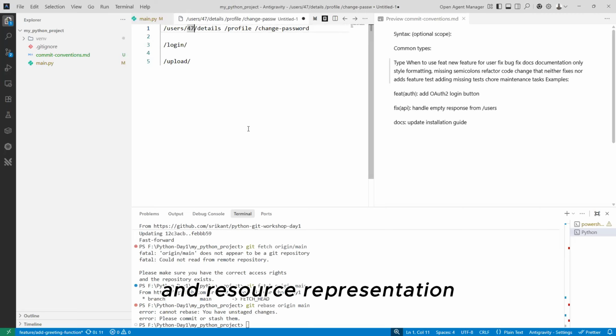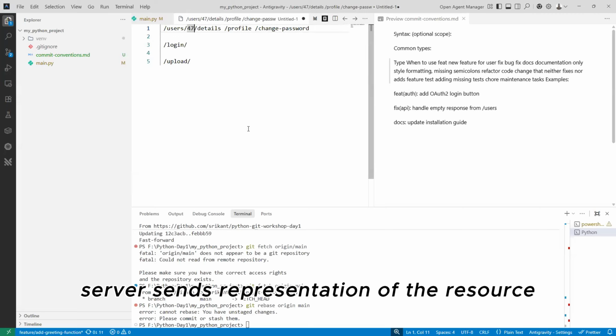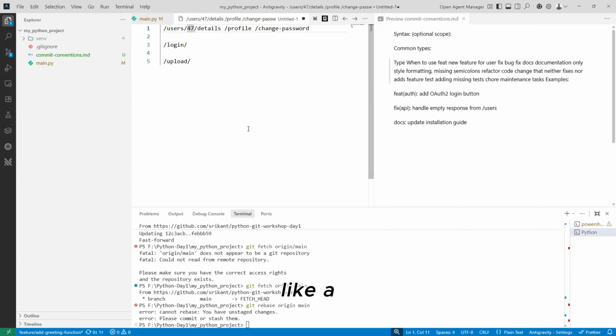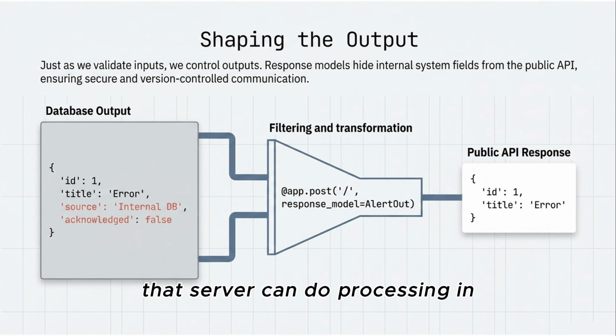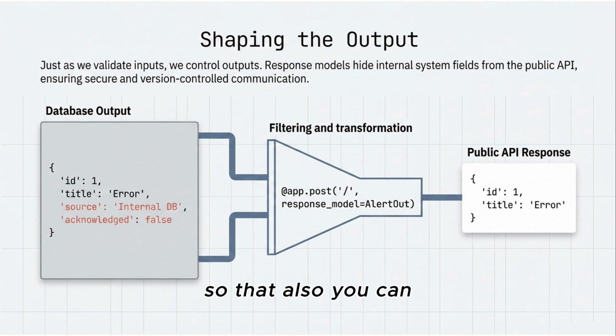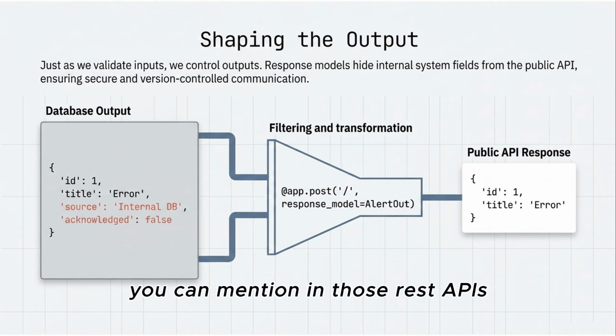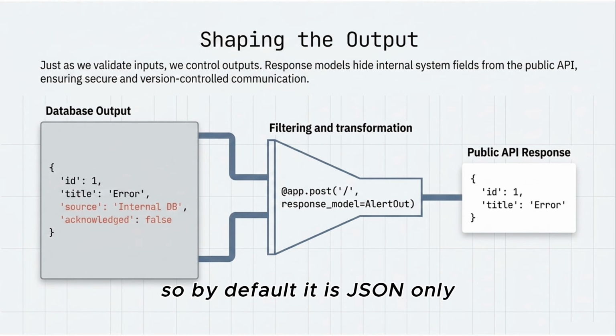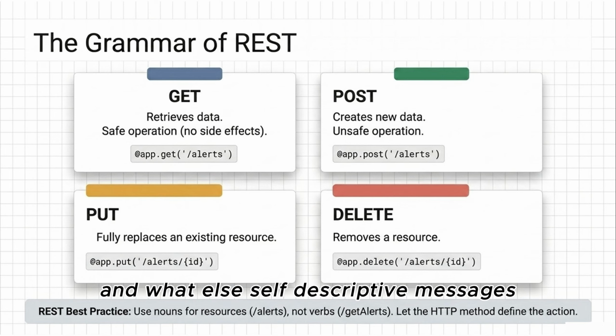And resource representation: the server sends a representation of the resource, and the server can do processing in JSON format or XML format. You can mention that in those REST APIs. By default it is JSON only. And what else? Self-descriptive messages.